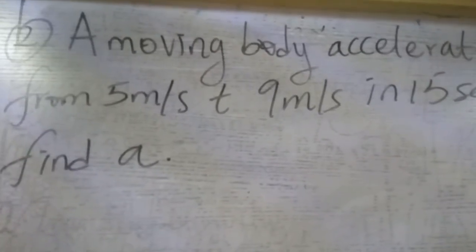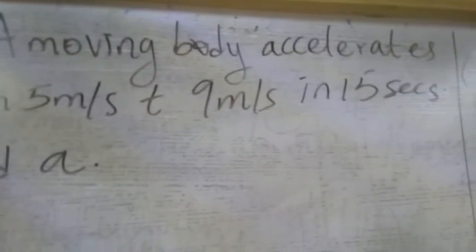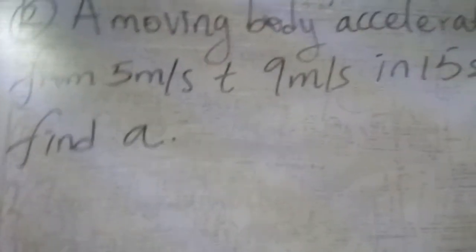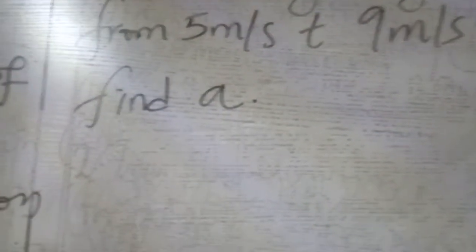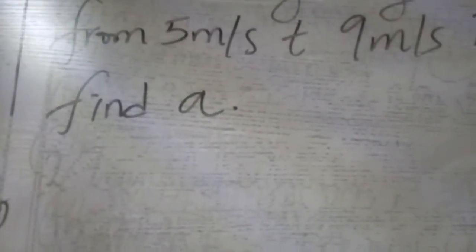Now to the second example: a moving body accelerates from 5 meters per second to 9 meters per second in 15 seconds. Find that acceleration. So when we talk about accelerating from something to something, that means the acceleration is changing the velocity. So it has changed the velocity from 5 to 9. So we want to find acceleration.